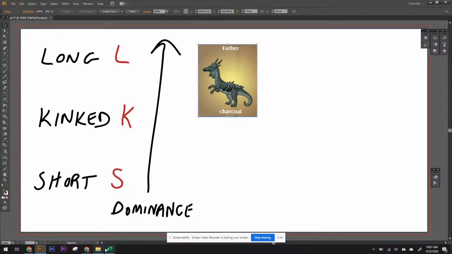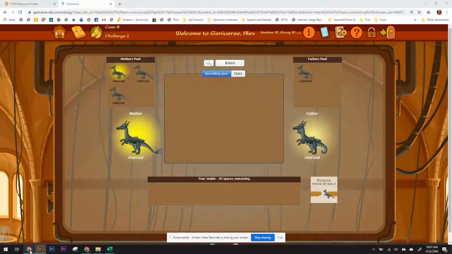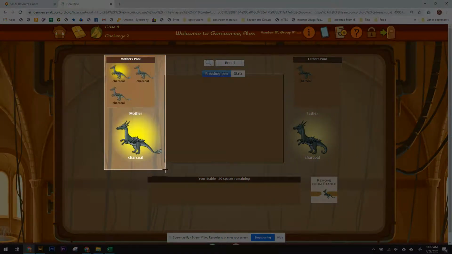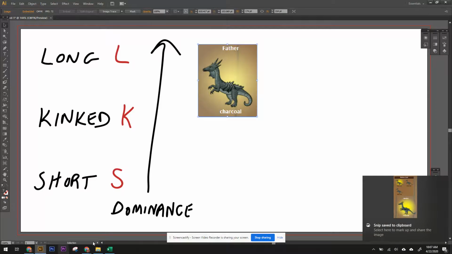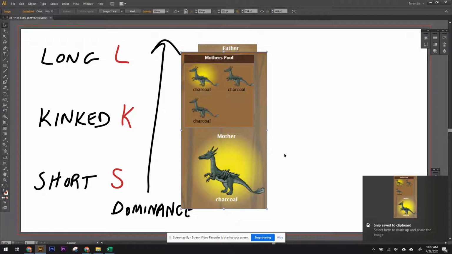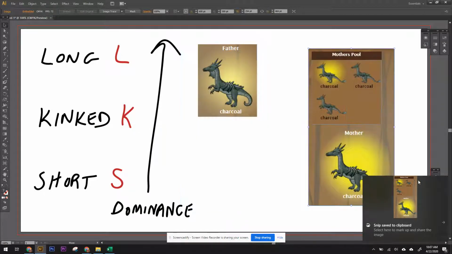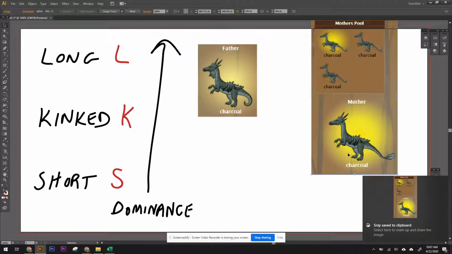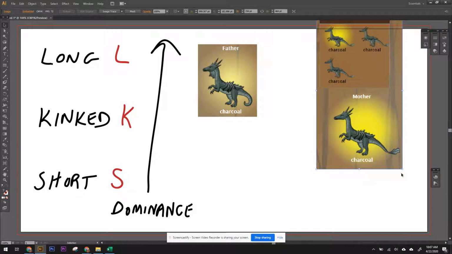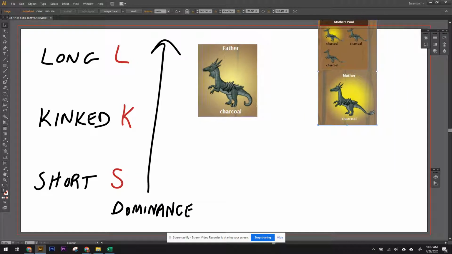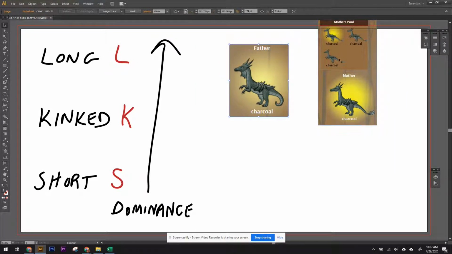So here's our father. And then I want to get an image of these mothers too. One thing that would be important to notice is that the father has a short tail, and the mother, actually all of the mothers, have long tails.